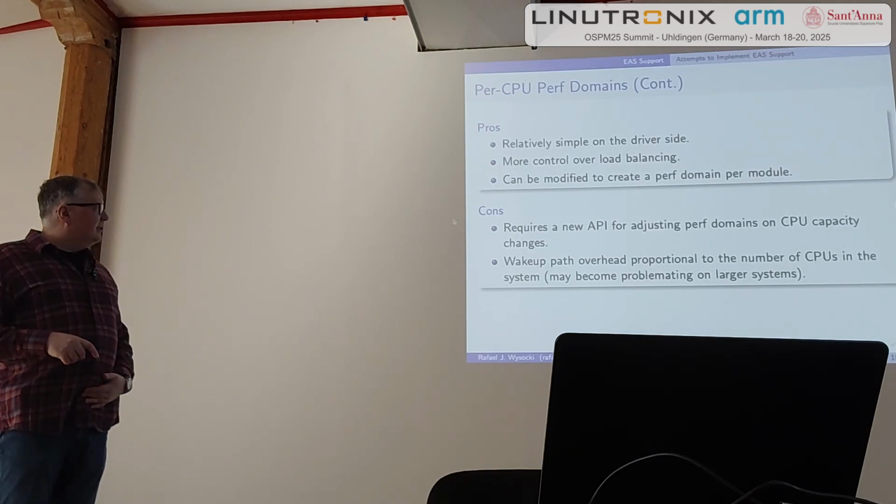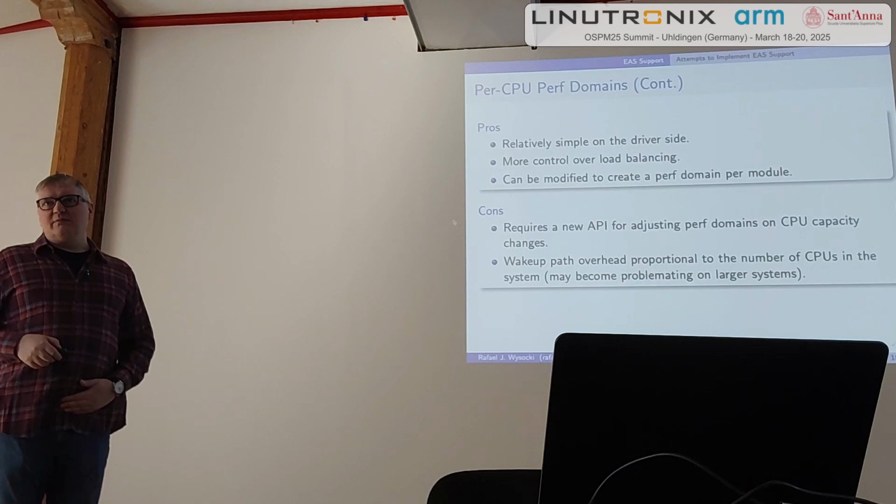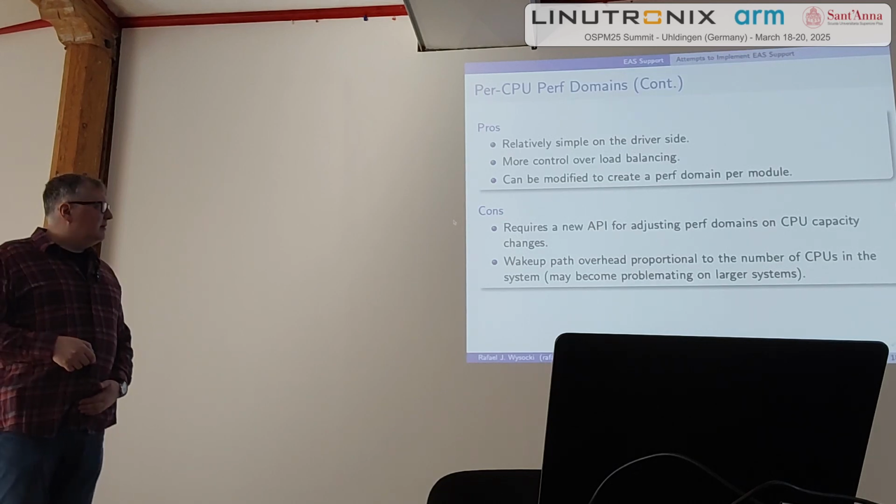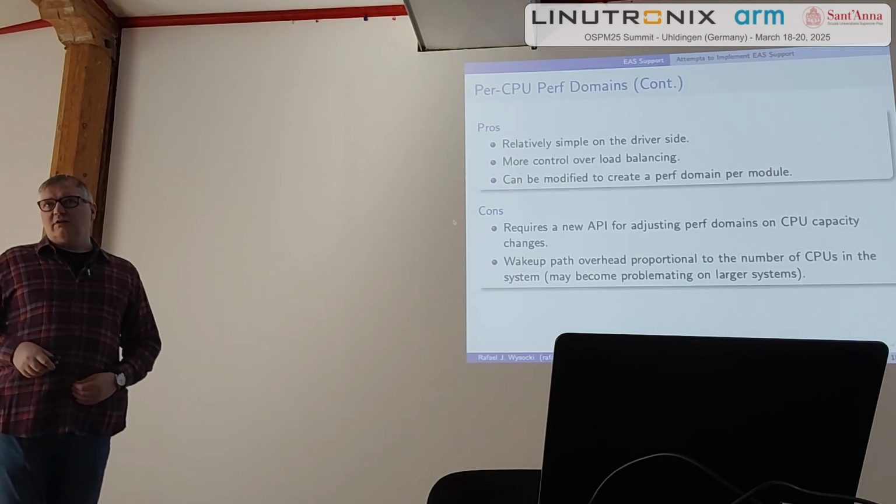And then there are cons. Adjusting the per-CPU perf domains on capacity changes needs to be done, because the state tables depend on the capacity. That's a consequence of how the energy model code is designed. And the wake-up path overhead is larger in theory.